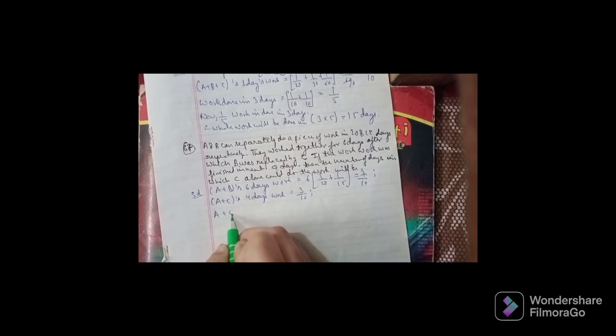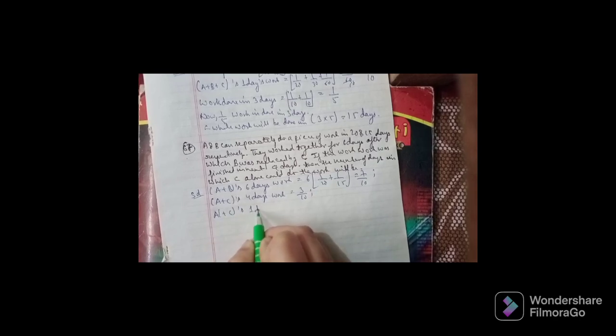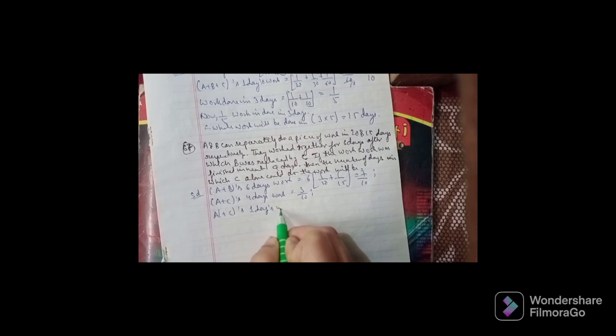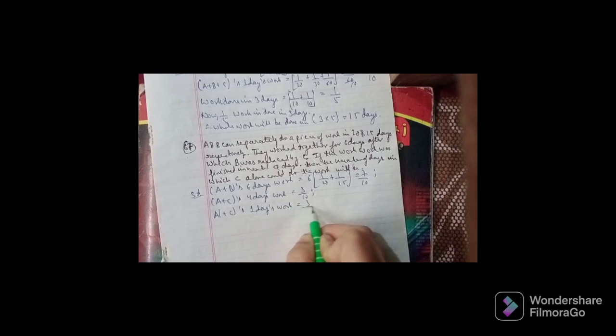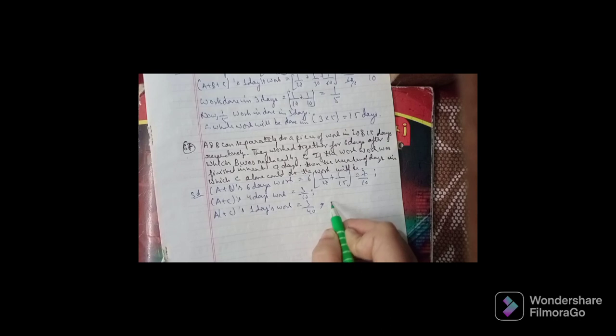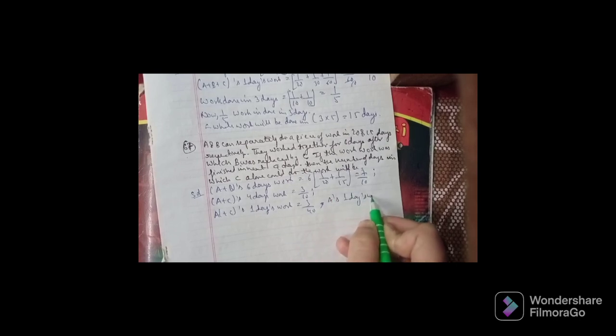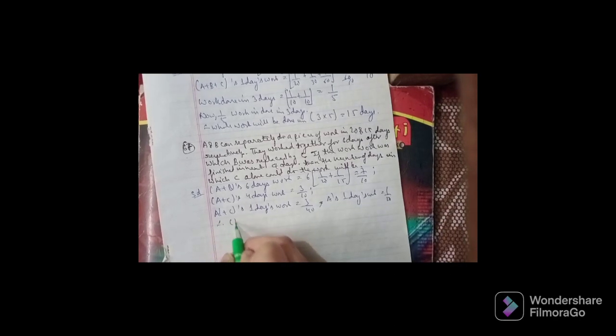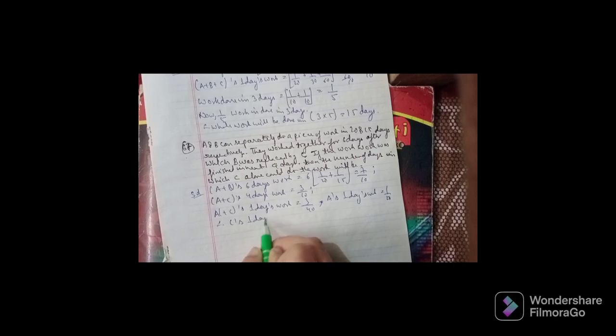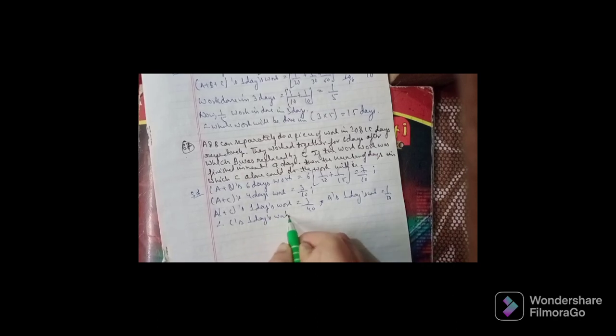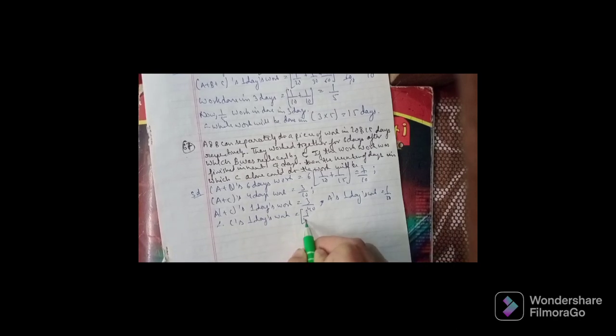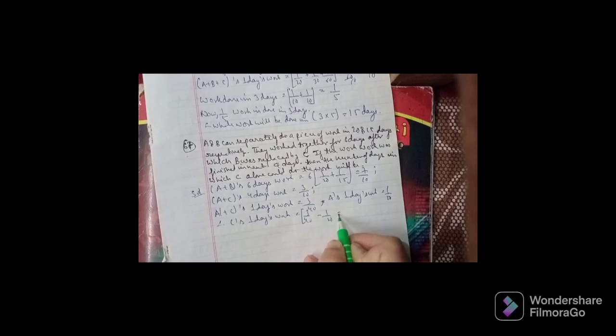A plus C is 1 day work 3 by 40, where A is 1 day's work equals to 1 upon 20. So C's 1 day's work equals to 3 upon 40 minus 1 upon 20 equals to 1 upon 40.